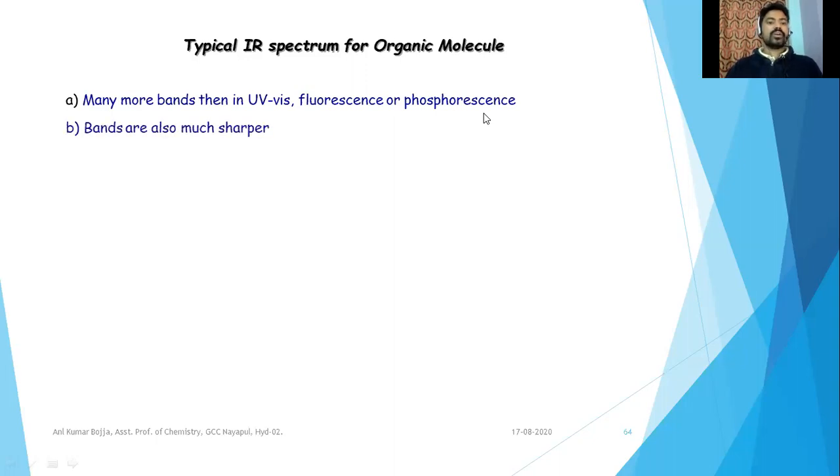Bands are also much sharper. It is only because the transitions take place between vibrational levels and rotational levels, but not between electronic levels. Remember, guys, this is very important. In a UV visible spectrum, the bands are very broad, and we find a huge gap between the bands, whereas in IR spectroscopy we find a narrow bandwidth.